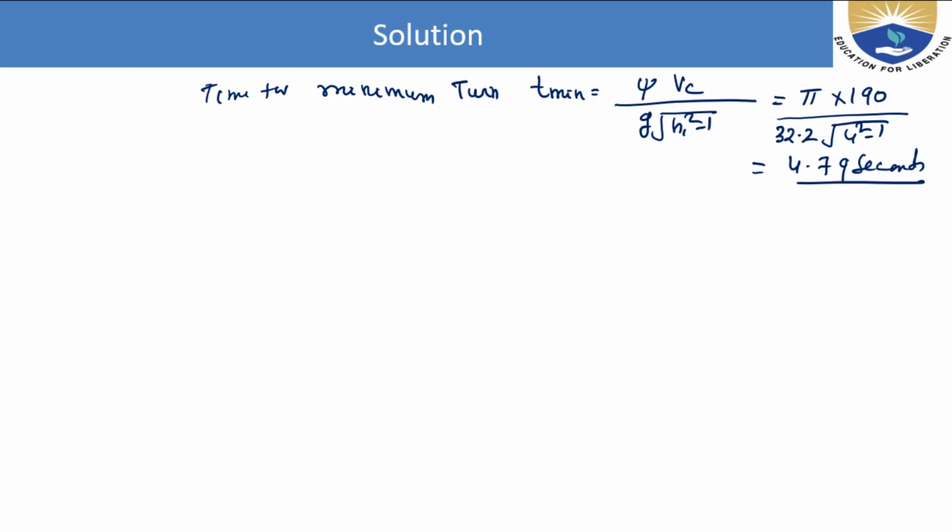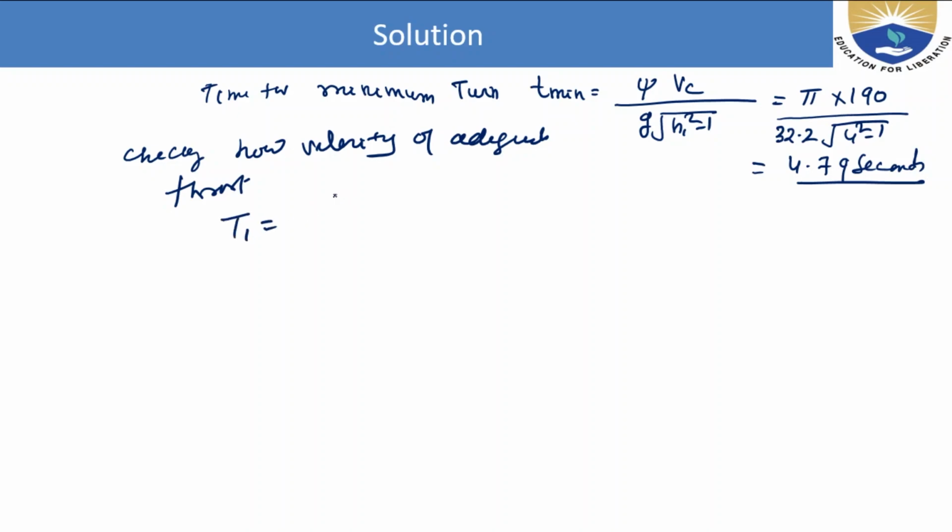So now, checking now, velocity of adequate thrust. So T1 is equal to half rho V square S into CD.